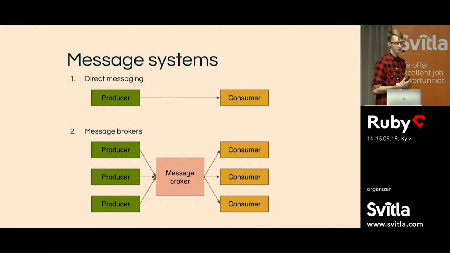In this way, they can more easily tolerate clients' failures, because a client can come and go, and the question of durability is moved to the message broker. Examples of such systems are Kafka, RabbitMQ, or Amazon SQS.